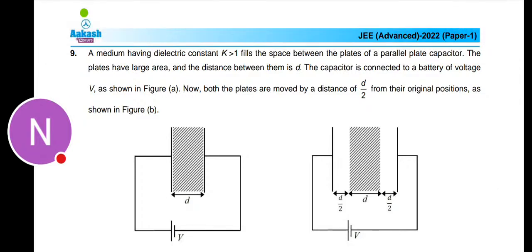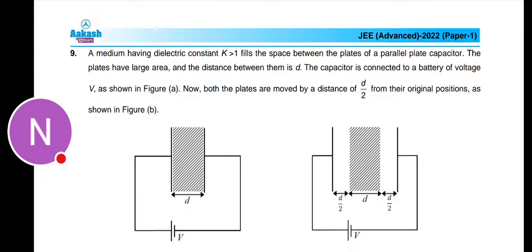Now the next question, the 8th question, let us go from that. A medium having dielectric constant K greater than 1 fills the space between the plates of a parallel plate capacitor.